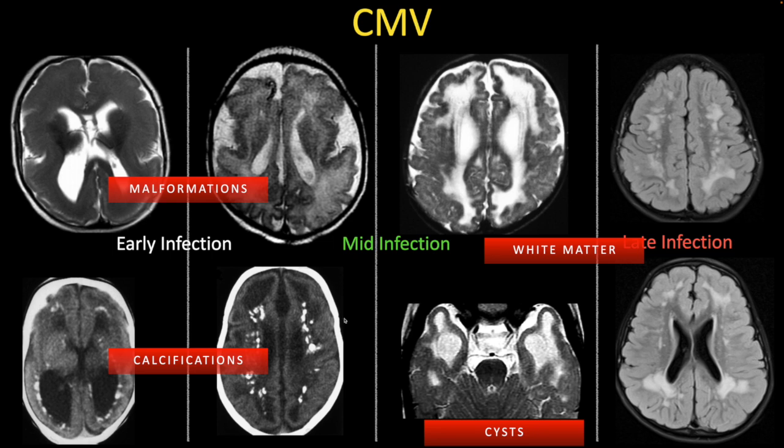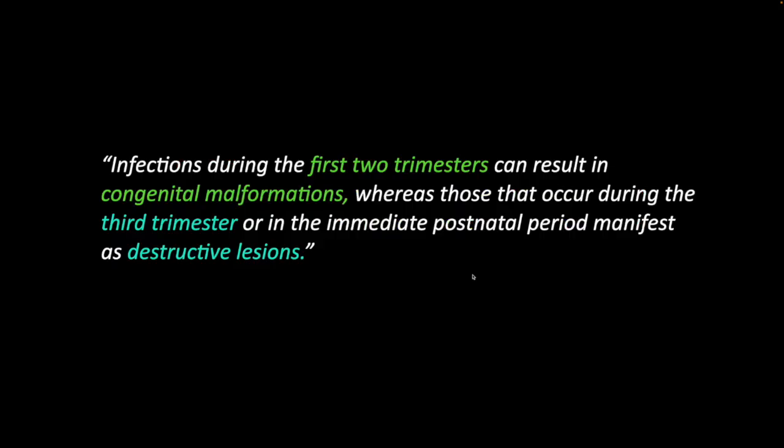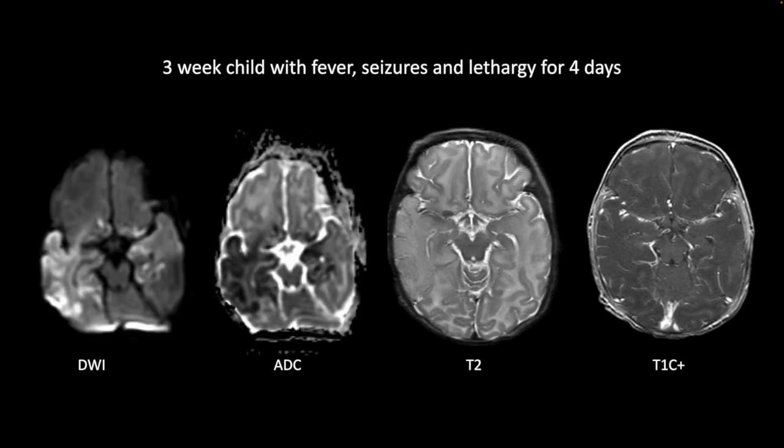Hence the gestational age is important for the virus to cause various imaging manifestations, from malformations to multifocal white matter abnormalities. So infections during the first trimester can result in congenital malformations, CMV the prime example, whereas those that occur in the third trimester or the postnatal period can have more predominant destructive lesions rather than congenital malformations.